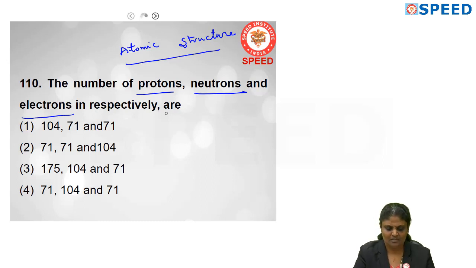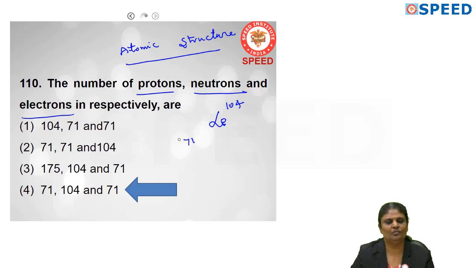So here 175, 104 and 71 is given, I think this is lutetium. Lutetium is 71, and 104, so this is the number of protons.